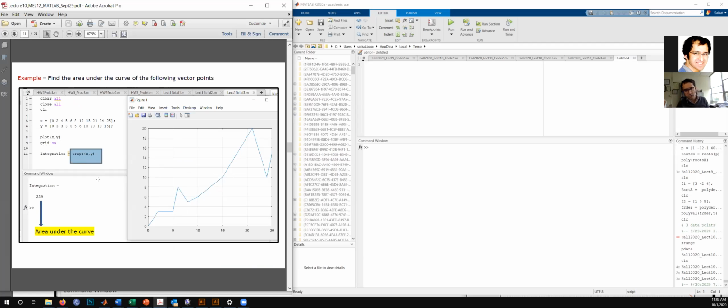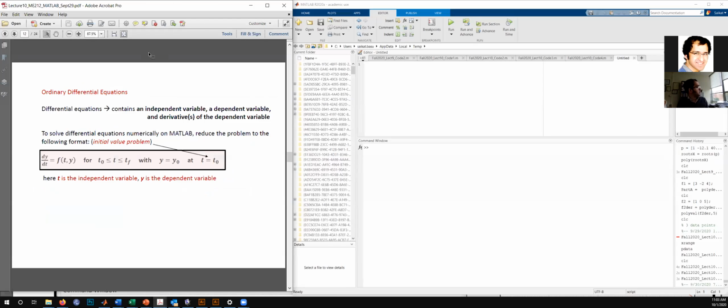So make sure that you remember this. Number 1 is quad when you are trying to integrate a function. Number 2 is traps when you are trying to integrate or get the area under a curve, which is formed by joining discrete points. So this is, I think, where we basically left off in the last lecture.